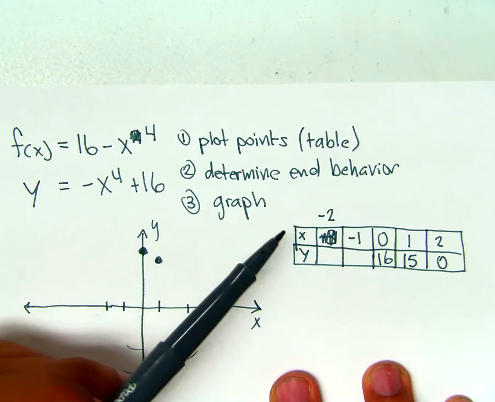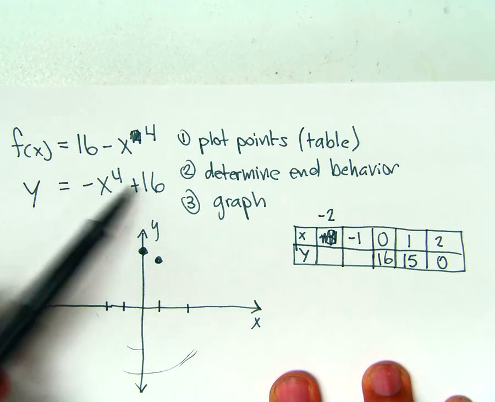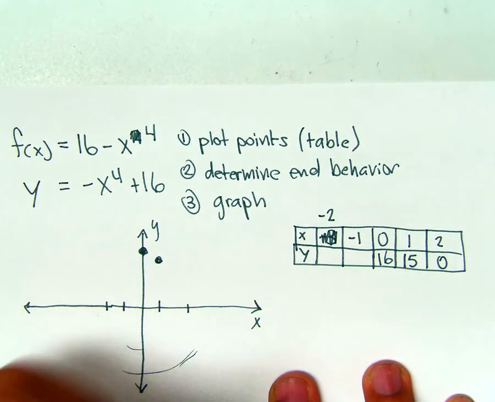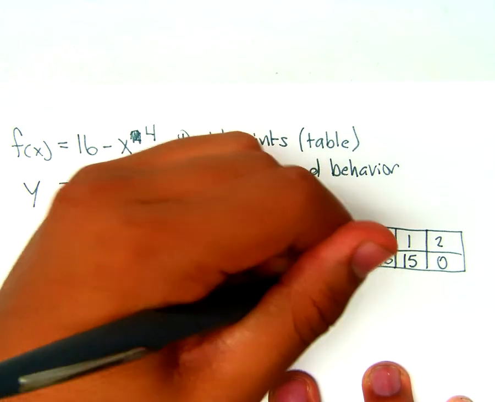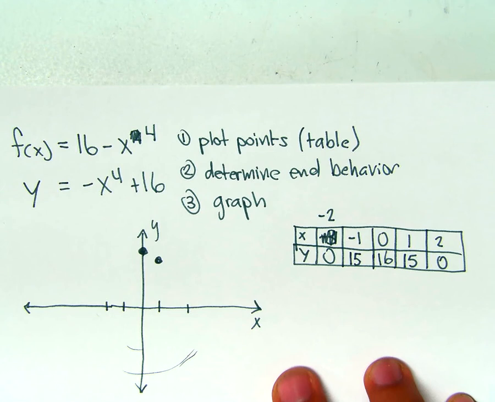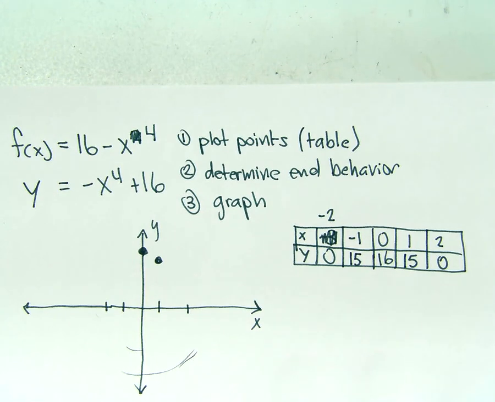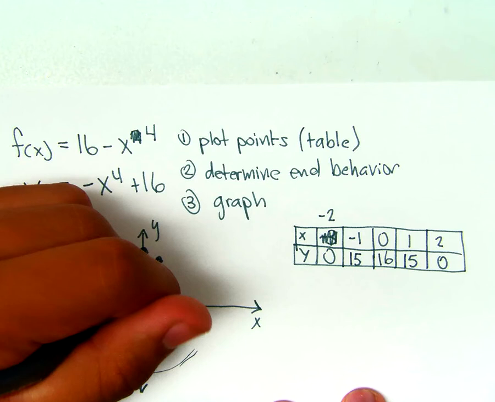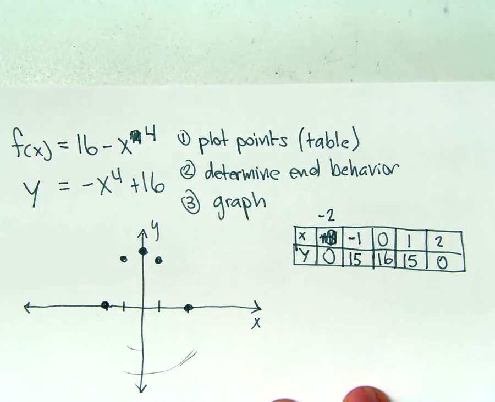Okay, so plugging in negative 1 to x to the 4th is the same as plugging in 1. Okay, so we'll get the same answers here. So we'll get 15 and 0. So we'll plot those points on our plane. Okay?